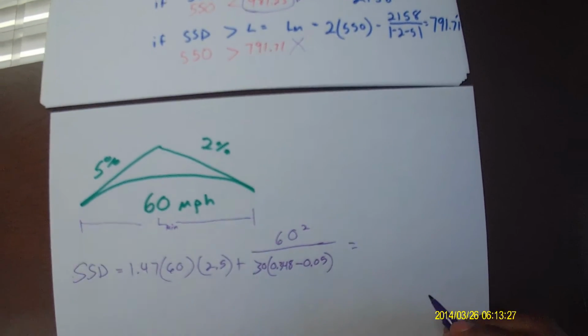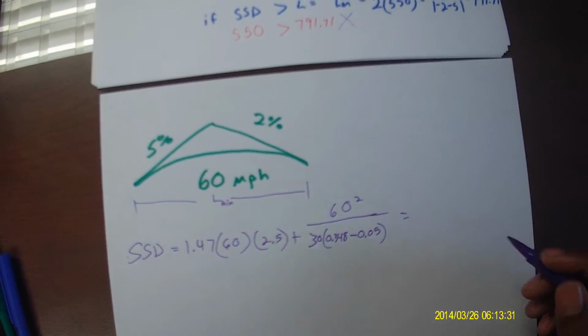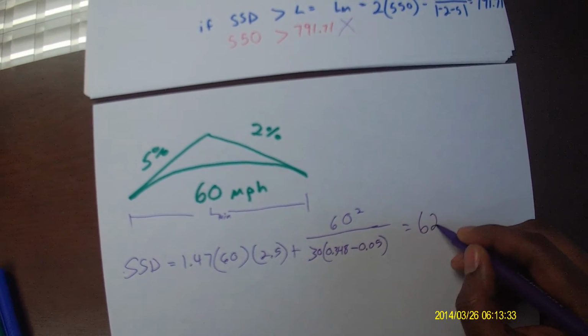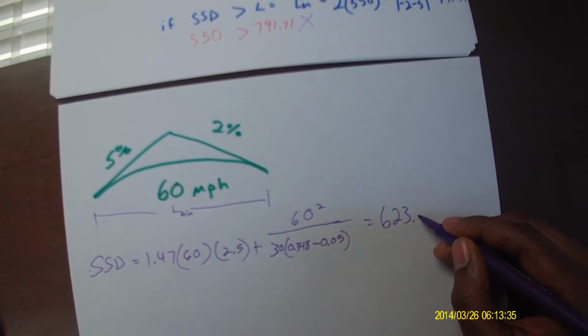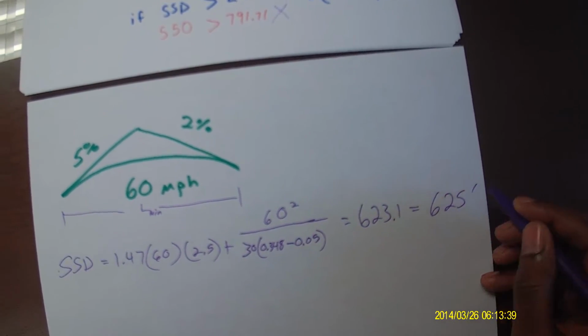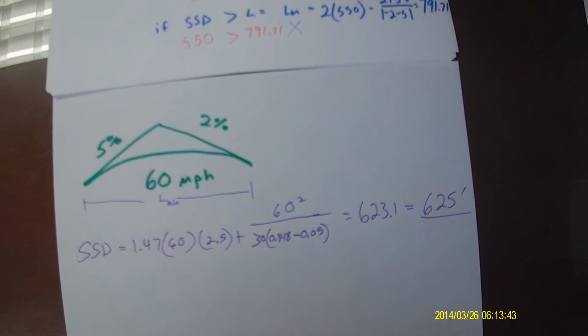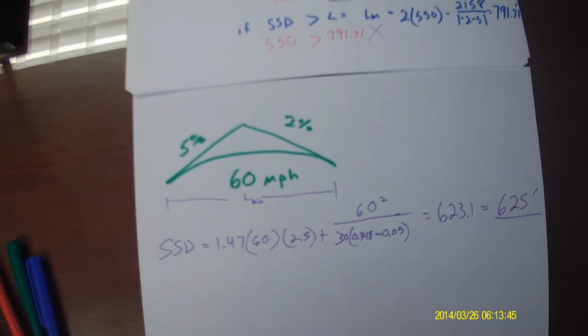Okay, that gives me a stopping sight distance equal to 623.1, in which case we would use 625 feet. That's the stopping sight distance we're going to use, not 550 like we used before.